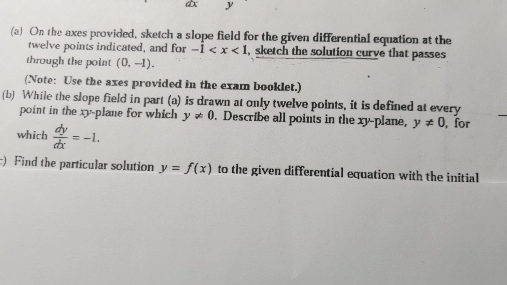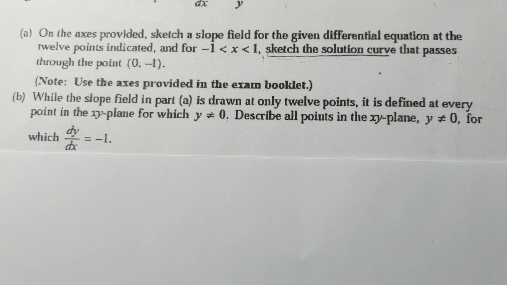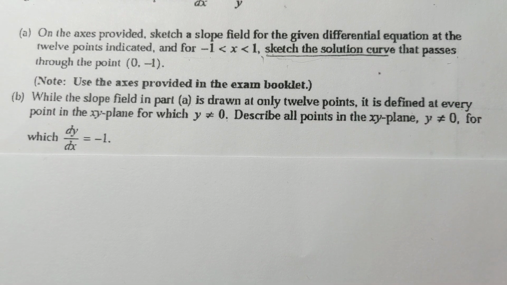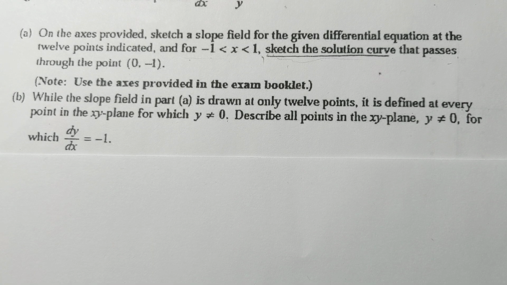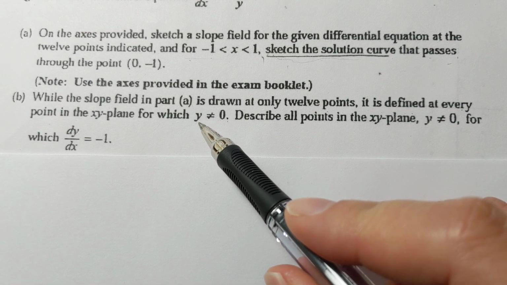Part B, the question asks why the slope view in part A is drawn at only 12 points. It is defined at every single point in the xy plane for which y not equal 0, because we have the denominator y.